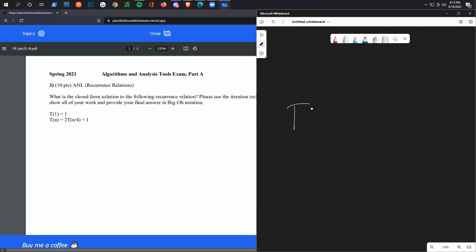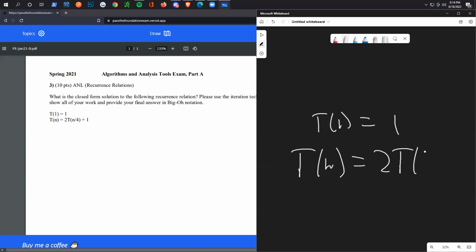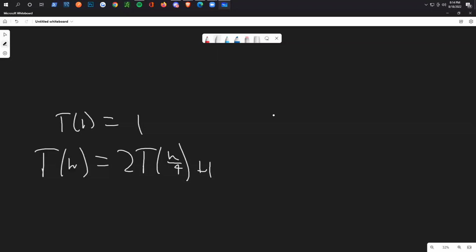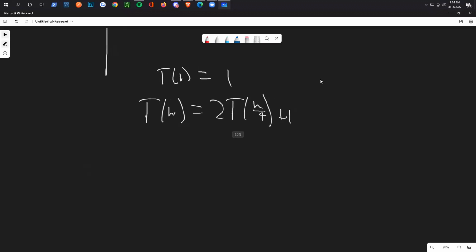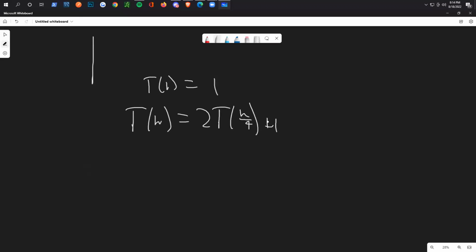So we have T of 1 equals 1, and then we have T of n equals 1. Okay. So we have the same exact steps we're going to have to end up doing. So we can define the variables. So let's do that real quick.